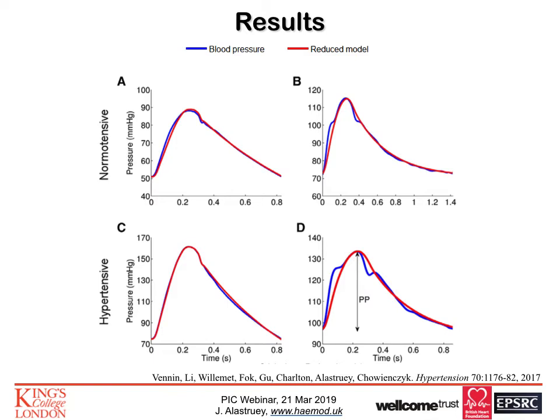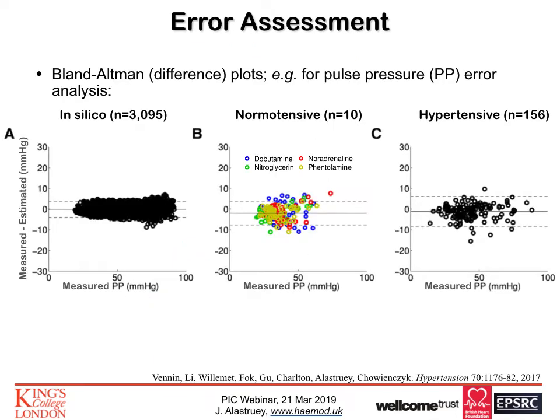And the pulse pressure is of particular importance for hypertension, so we focus on assessing errors for the pulse pressure. We did this using statistical methods that are popular within the medical community, such as Bland-Altman plots.